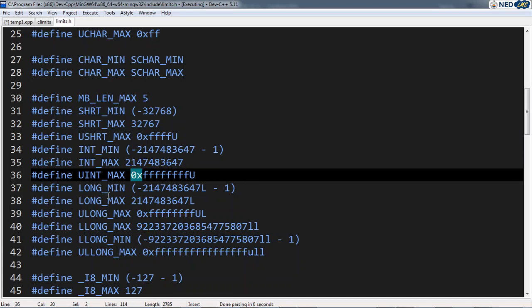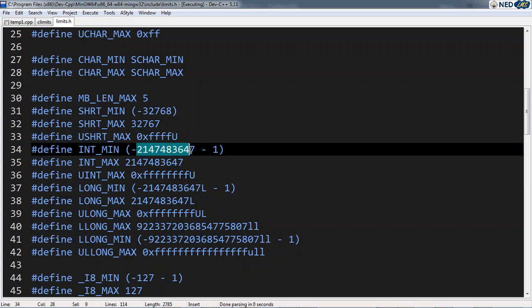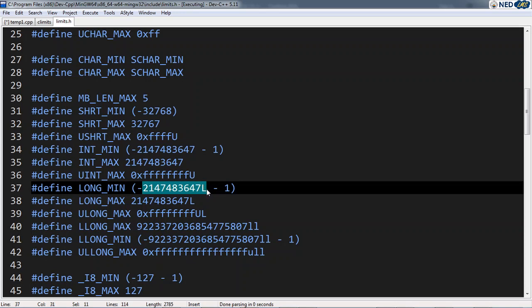Now unsigned long minimum, unsigned long maximum. I think this implementation of C++ is not differentiating between integer and long. Other implementations or compilers might have different ranges, but here they are essentially the same.